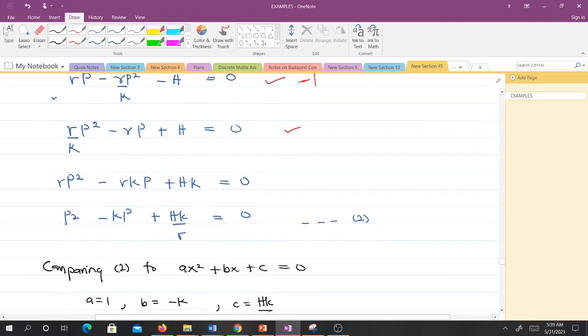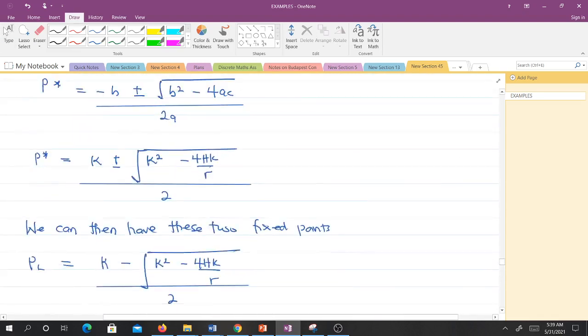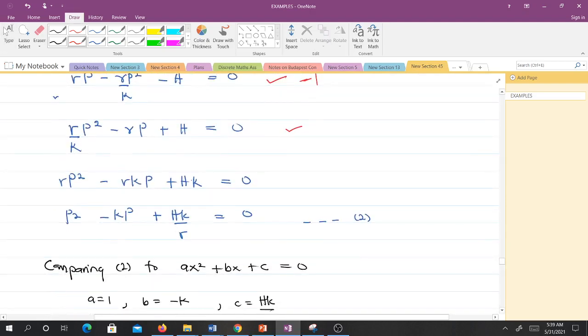Then we can decide to multiply through by k. So when you multiply through by k, you're going to get rp squared minus rkp plus hk equals 0. Then we decide to divide through by r. So when you divide through by r, we're going to get p squared minus kp plus hk over r equals 0. And we call this equation 2.